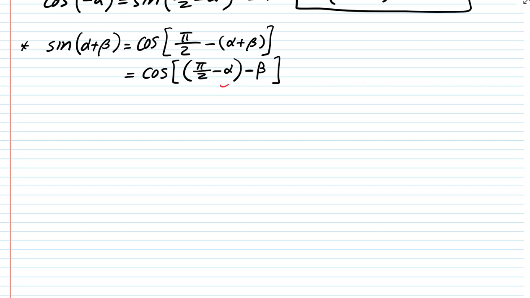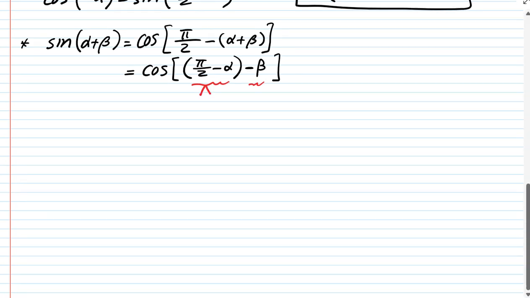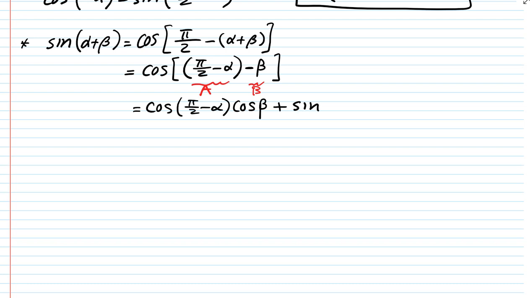I have an angle here, I have an angle here, call it A and B. So I'm doing cosine A minus B. The formula for cosine A minus B is going to be cosine of the first angle, cosine of the second angle, in this case beta, plus sine of the first angle, sine of the second angle. Okay, so we have that one.